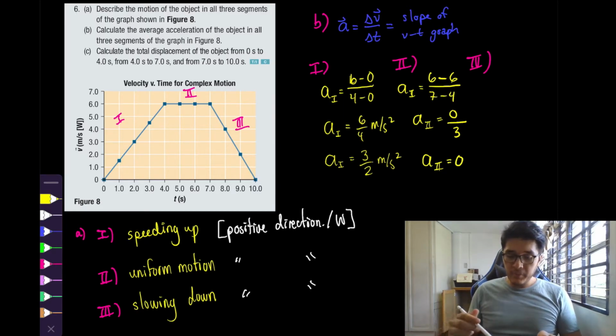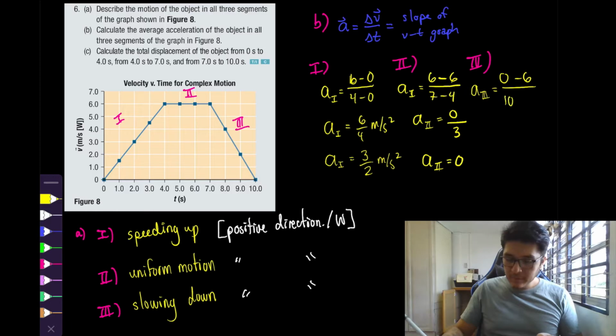And then for the third part, the final velocity is 0, and the initial one is 6. And this took place during 10 seconds minus 7 seconds.